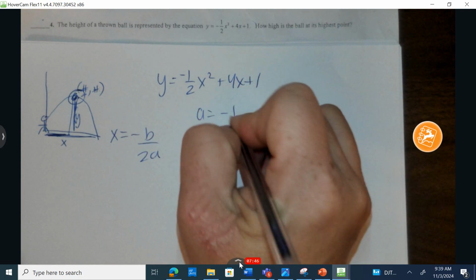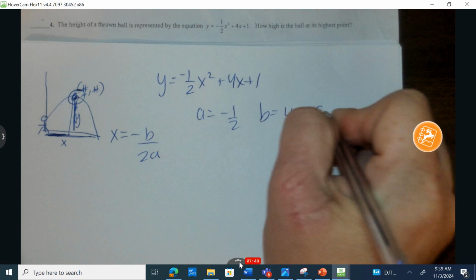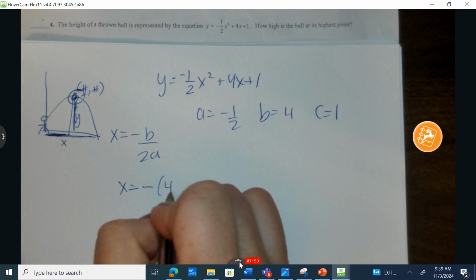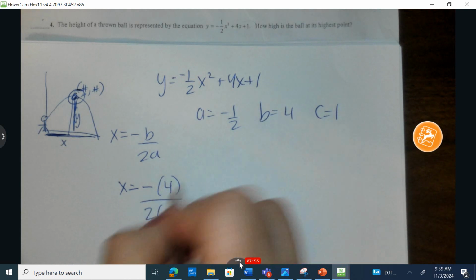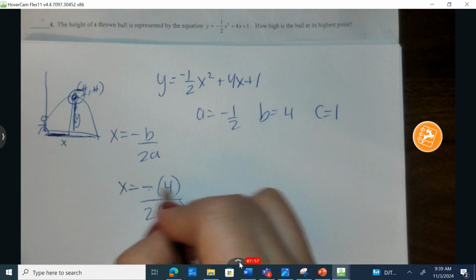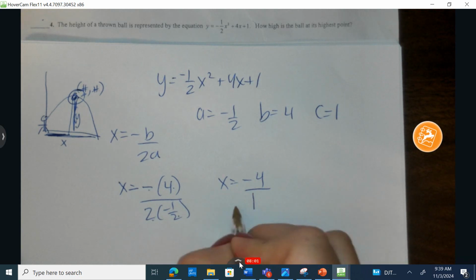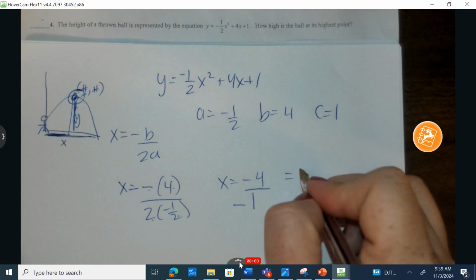Now a for this equation is negative 1/2, b is 4, and c is 1. So x equals negative, my b is 4, over 2 times a. I simplify and end up with x equals negative 4 over negative 1, because half of 2 is 1, but then there's a negative, and two negatives make a positive.